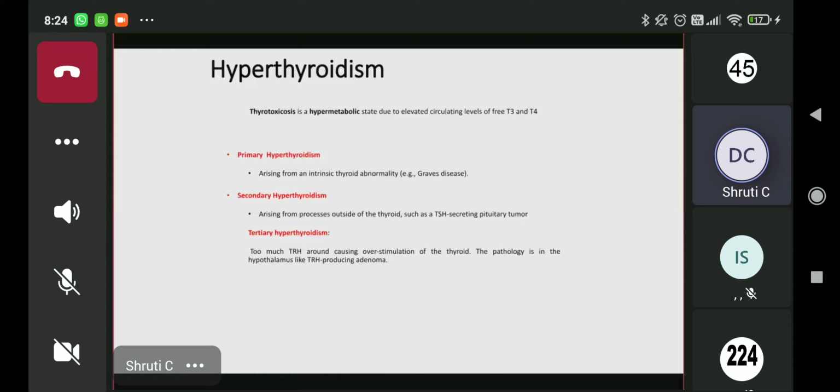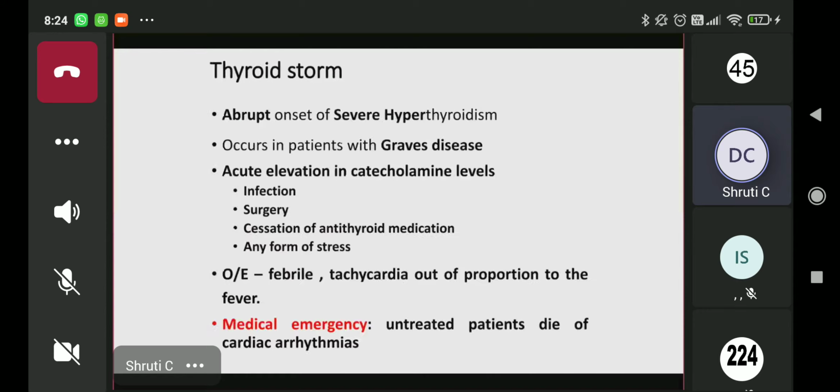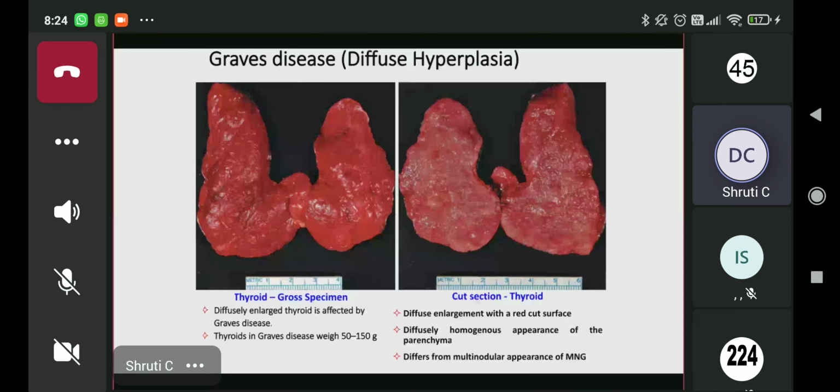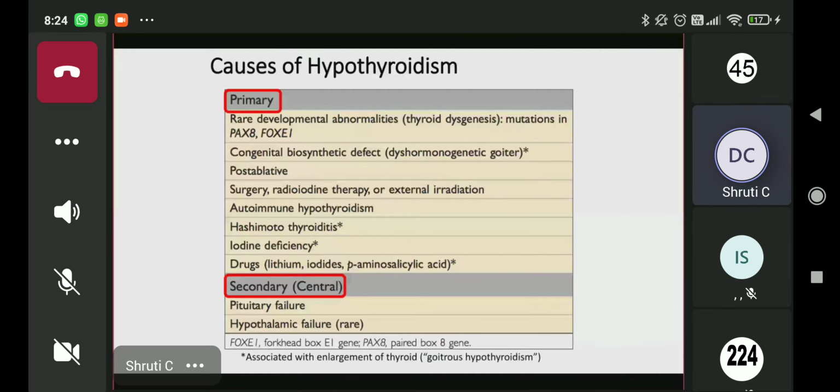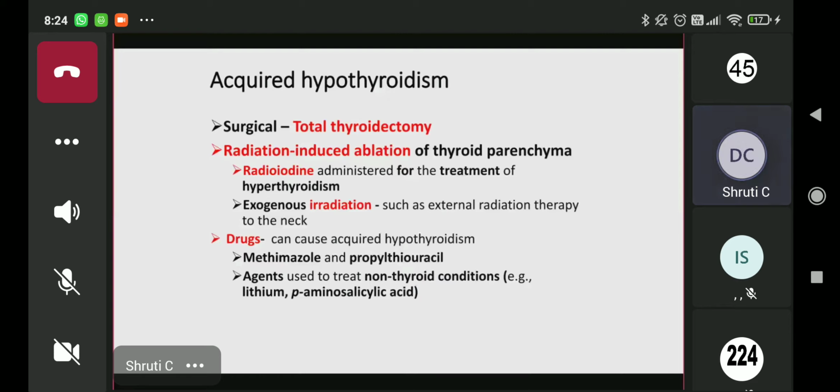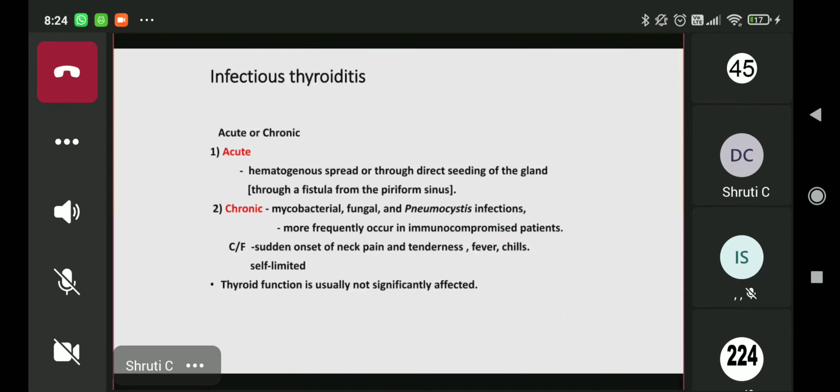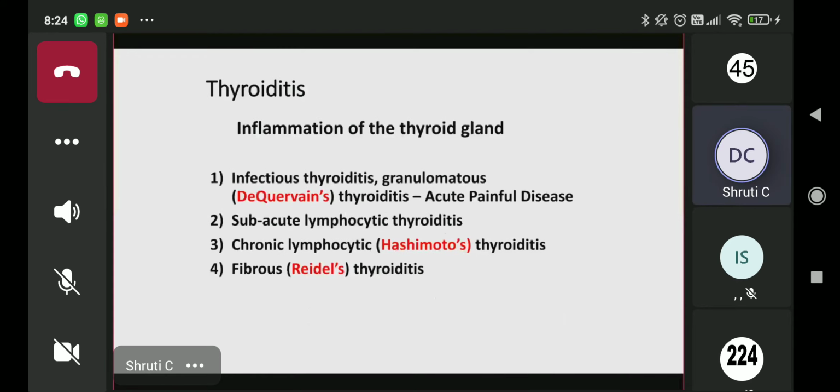So now we are coming to the causes of thyrotoxicosis which are not associated with hyperthyroidism, that is thyroiditis. Thyroiditis could be granulomatous. It could be subacute lymphocytic thyroiditis. Okay. So basically, itis is inflammation of the thyroid gland.